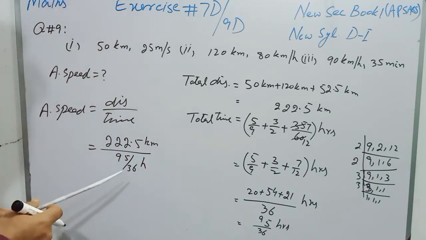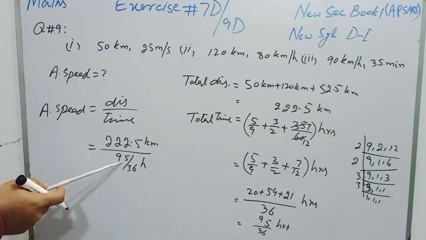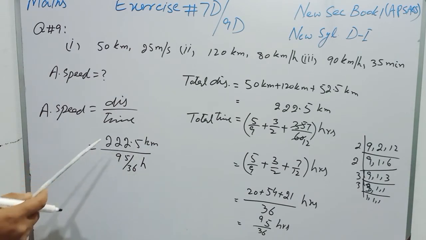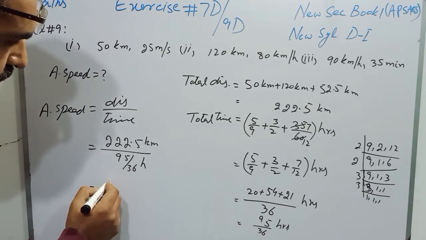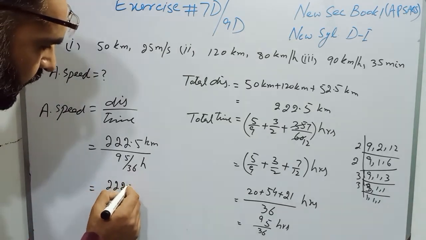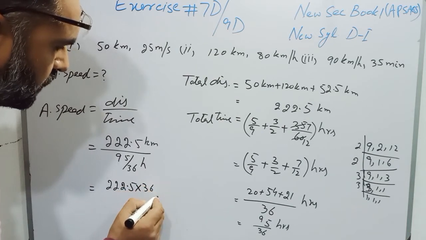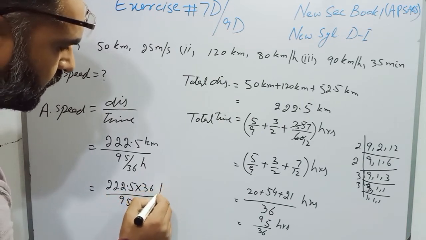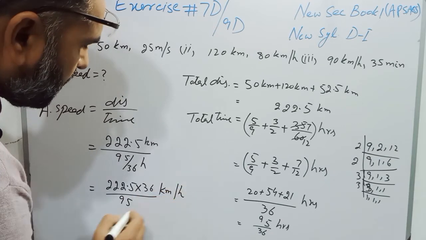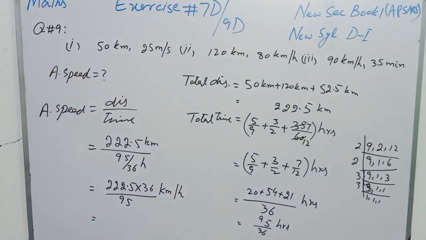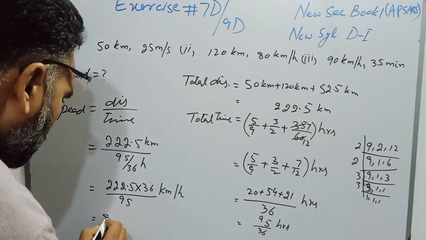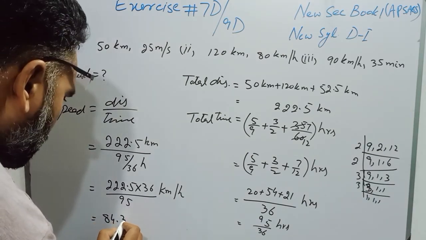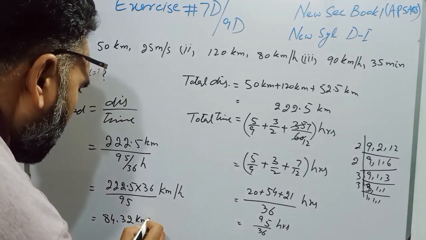As students, 36 is the denominator, so it will become the numerator and is written as 222.5 multiplied by 36 over 95 kilometer per hour. Here I will use a calculator to multiply 36 with 222.5 and divide it by 95. So students, the average speed is 84.32 kilometer per hour.